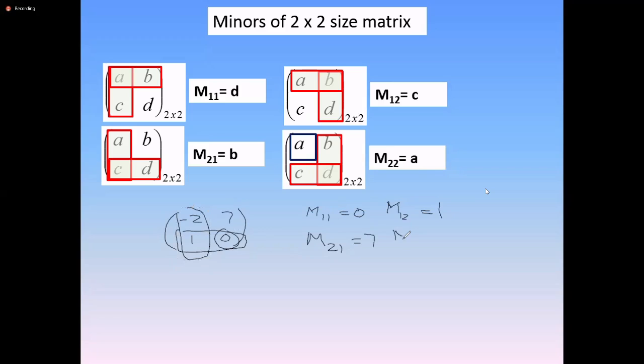M22 is then, it remains -2. Then the cofactors. C11 is same as here. So let's see, here 1 0.